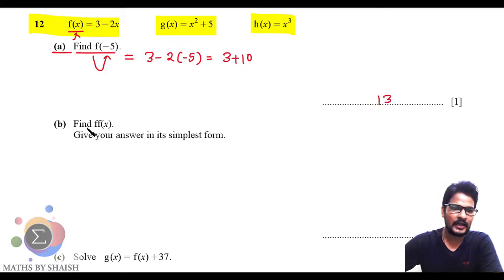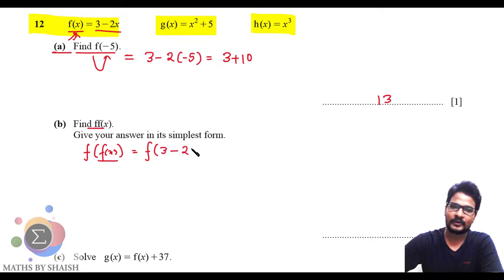Next is find f of f(x), meaning composite function, and give your answer in its simplest form. So we will write it as f of fx. In this way we can see the input is fx. So if input was x, output was 3 minus 2 times input. So if input itself is fx, it would be 3 minus 2 times this fx.